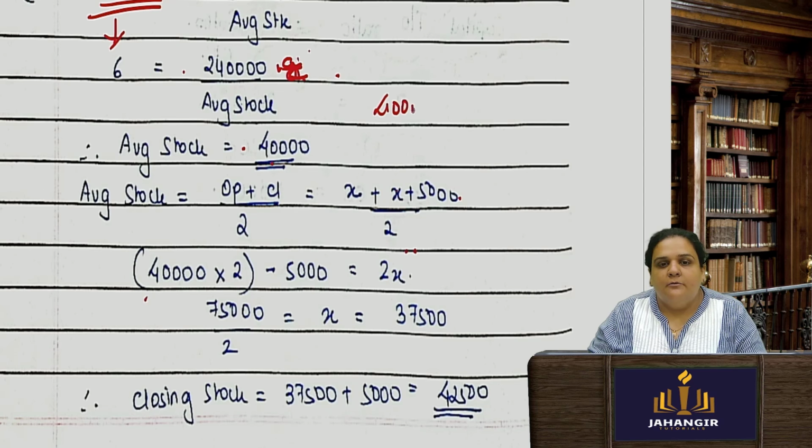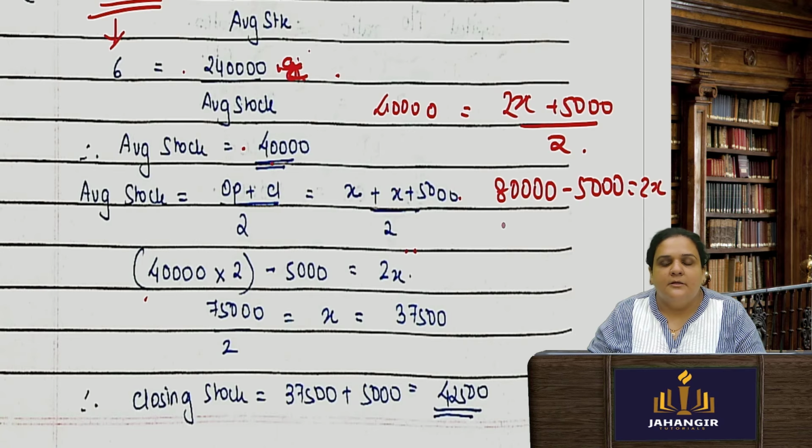So 40,000 will be equal to x plus x, which is 2x plus 5,000, upon 2. So this is going to become 80,000, 40,000 into 2, minus 5,000 will become 2x. So 75,000 divided by 2 will be equal to x.